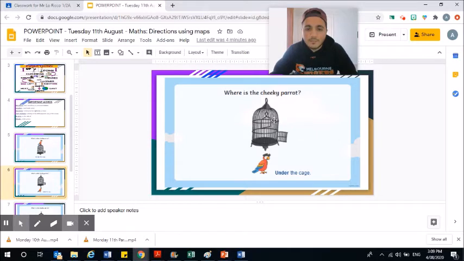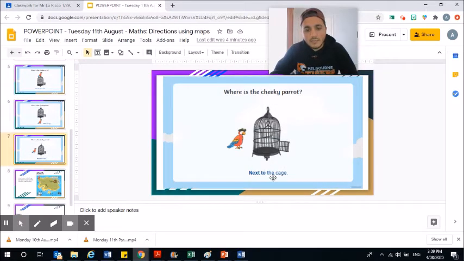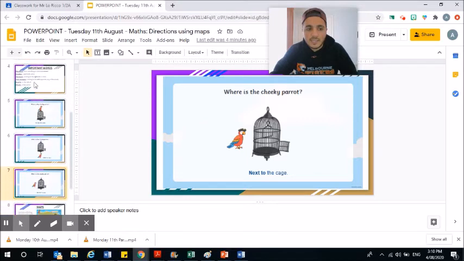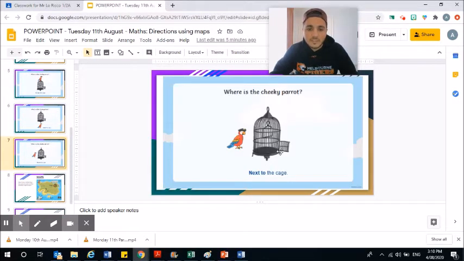Where is the cheeky parrot? The cheeky parrot is now under the cage. So under the cage. Under is another word that helps us describe location. And we've got next to. This one was in our word bank up ahead. Next to, which means to the side of. So where's the cheeky parrot? Next to the cage.